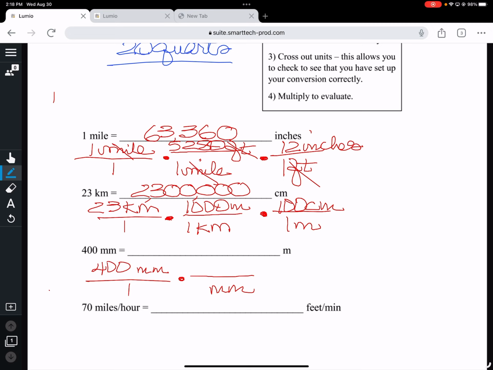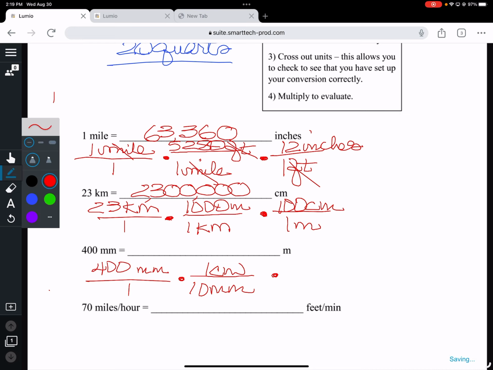What's the relation from centimeters to millimeters? 1 centimeter on the top and 10 millimeters on the bottom. And then we need centimeters on the bottom. Which means we then can go to meters on the top.